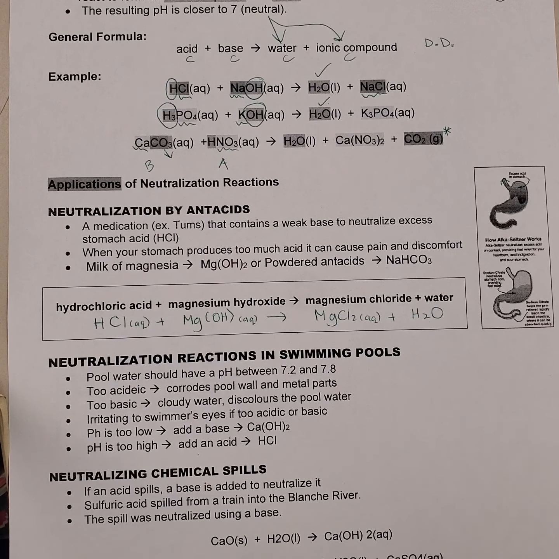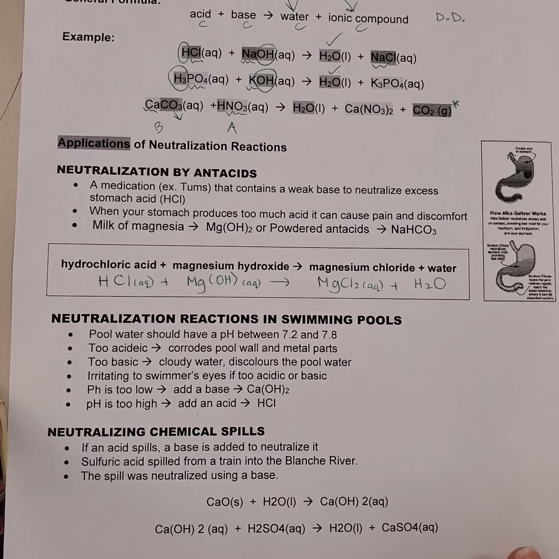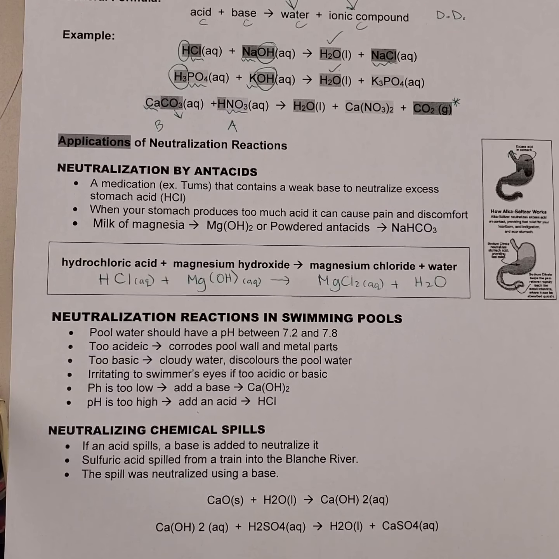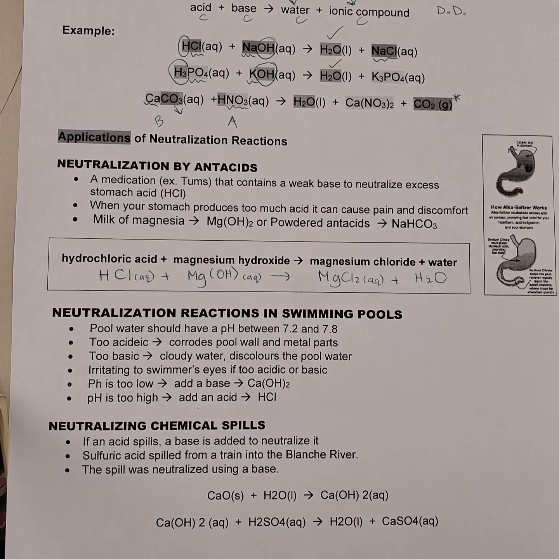The third way that neutralization reactions can be used in everyday life is if there is a chemical spill. If there is a chemical spill and you're spilling an acid or a base, you can neutralize it before cleanup occurs.